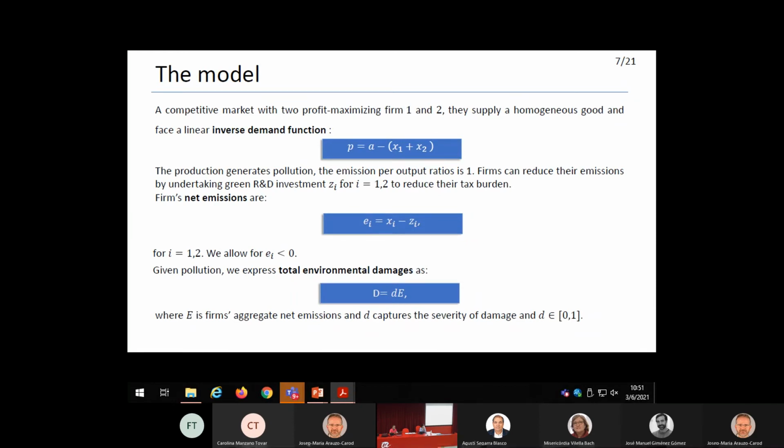What happens in the model if you assume that this parameter is equal between firms? Imagine that you have two firms in a sector. Maybe here you are comparing across sectors, but maybe you can compare in the same sector. What happens to the model if you introduce that this D is equal across all the firms?